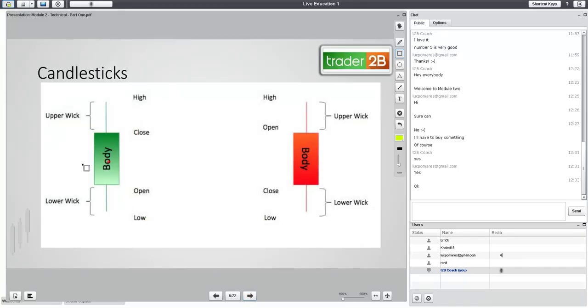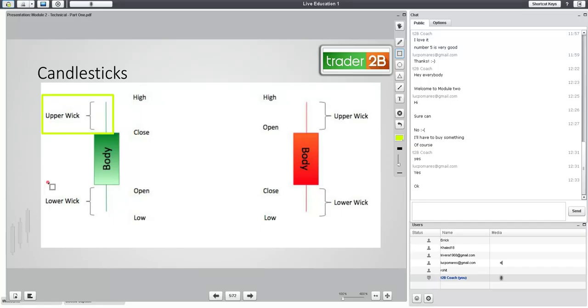So here is a candlestick anatomy. Green candles represent that the price has been moving upwards and that the closing price is higher than where it opened. In this particular area, this is referred to as a wick.